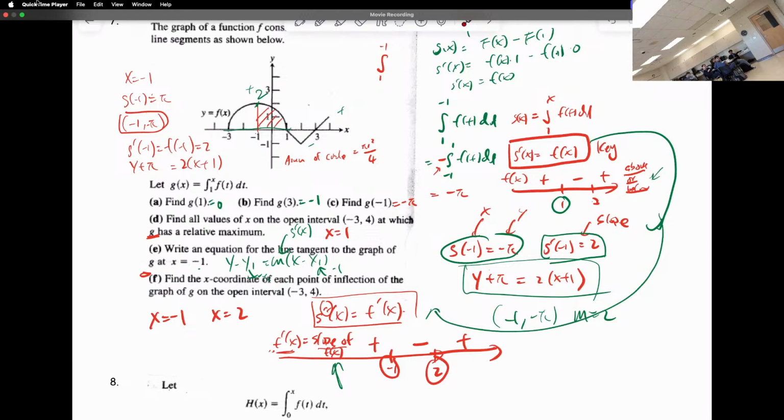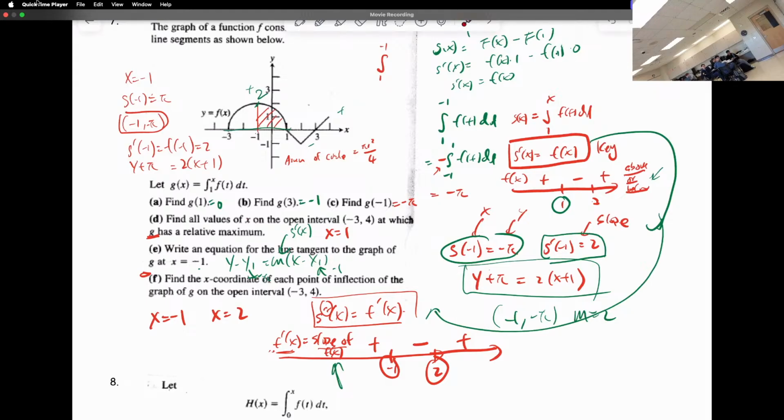Yes, I know, we need to justify our answer. Yes, if they ask you. They didn't ask you here. So for example, in part D, they would ask you. Guys, if they ask you to justify, then D will be one of the possible things they will ask, and also F. For D, you're going to say g prime of x changing from positive to negative, which is the same as f of x changing from positive to negative, therefore there is a relative maximum.